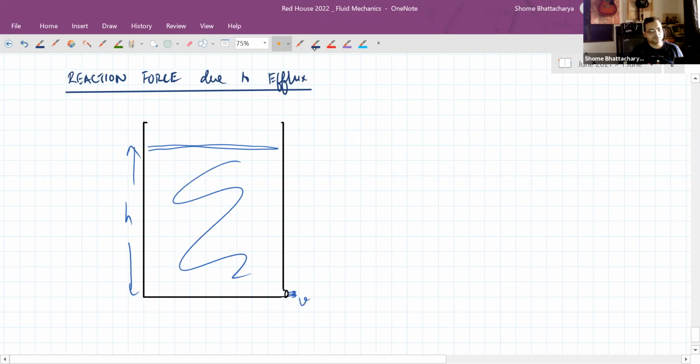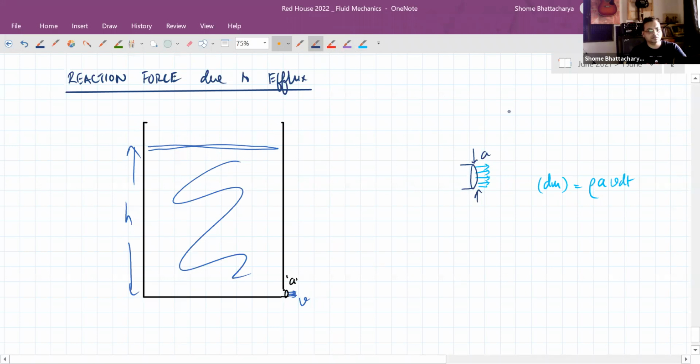This is coming out with a speed v. So now you can see that if you visualize this thing as liquid is coming out, dm, the amount of liquid coming out in time dt, is density into area into v dt.